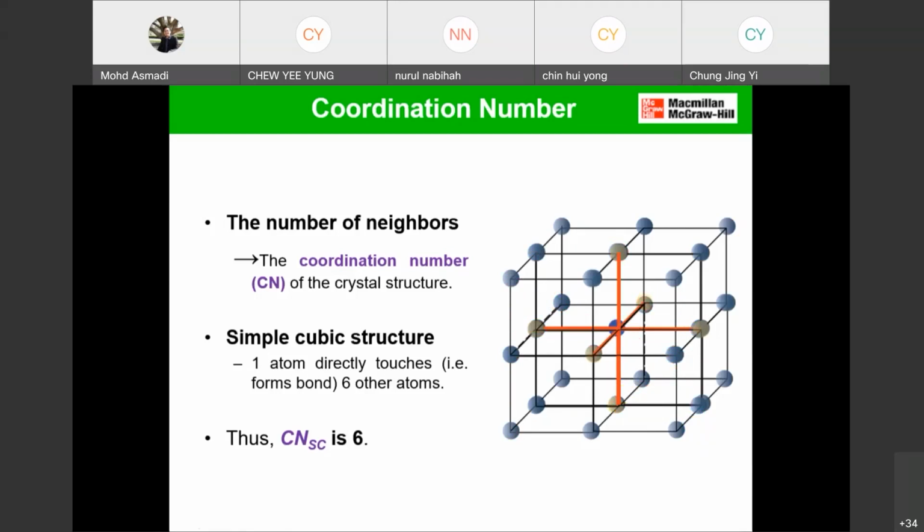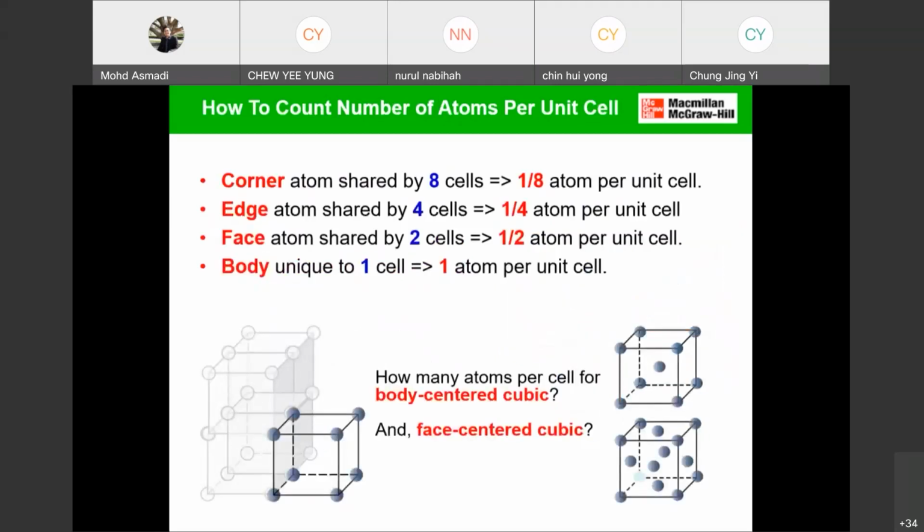So how do we count the number of atoms per unit cell? You have to remember this when you want to calculate the atomic packing factor. We have to remember how many atoms per unit cell there are, especially at the corner, edge, face, or body.